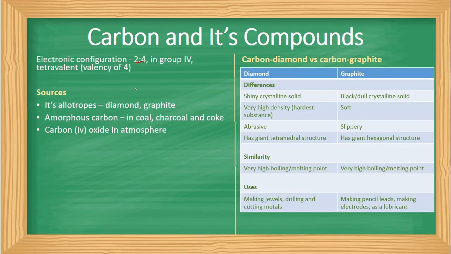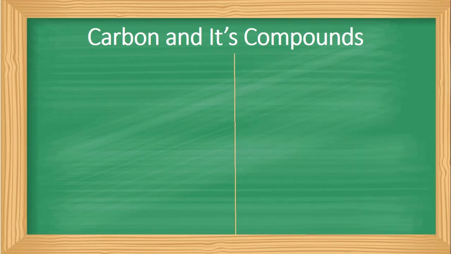In terms of similarities, both have very high boiling and melting points. In terms of uses, diamond is used to make jewels and for drilling and cutting of metals, while graphite is used to make pencil leads, to make electrodes, and also as a lubricant.